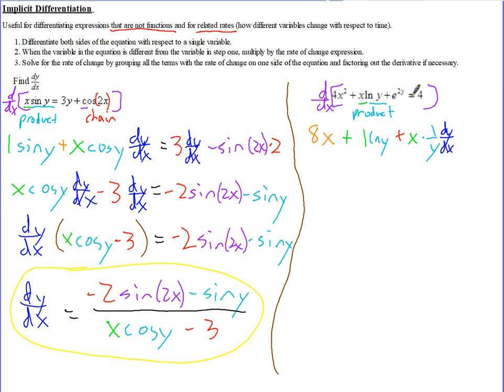And then the derivative of e to the 2y, that requires the chain rule. We have the 2y in there. So the derivative of e, remember, that part stays the same. That'd be e to the 2y times the derivative of 2y, which is 2, but that's a y term, so we need dy/dx.